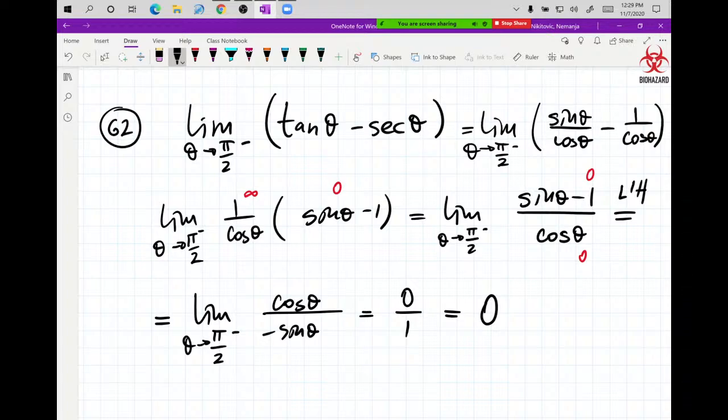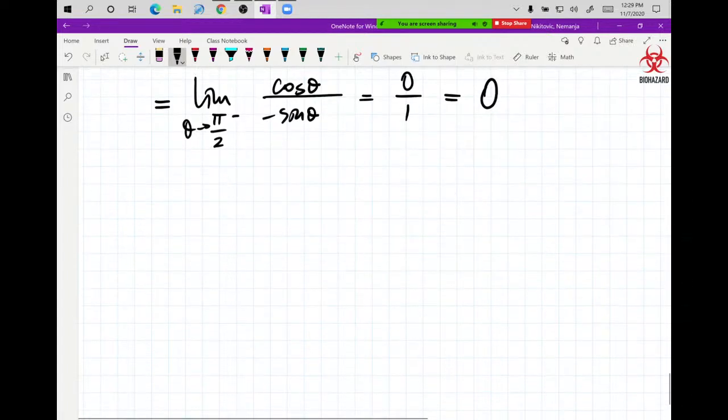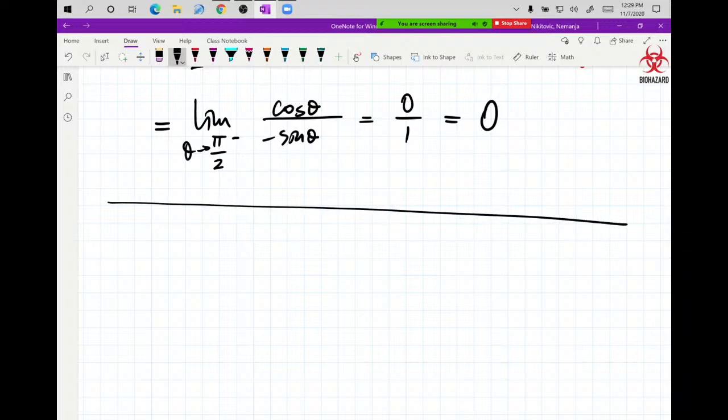All right, so there is another concept after these. The only ones that are left as cases are exponential cases: 1 to infinity, 0 to 0, and infinity to 0 cases.